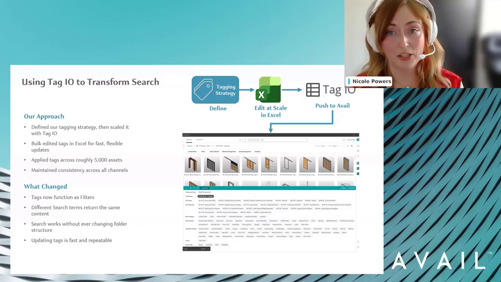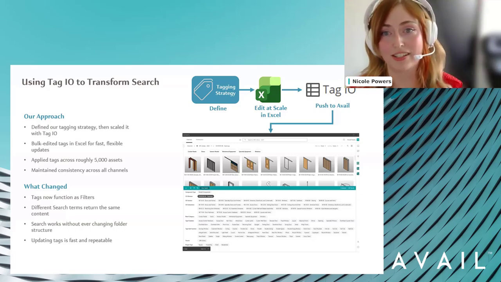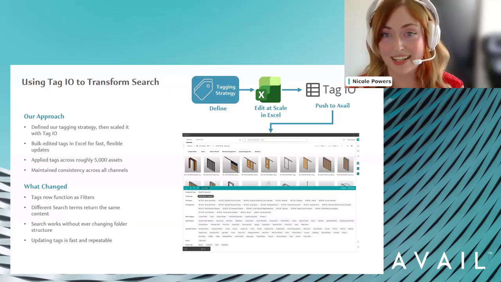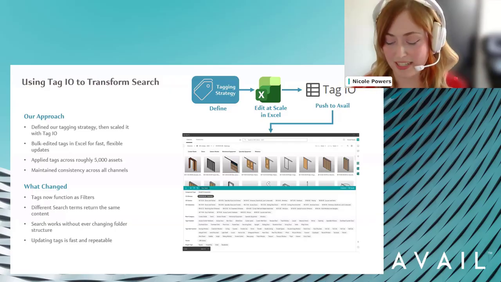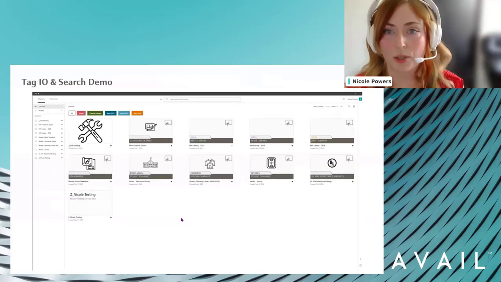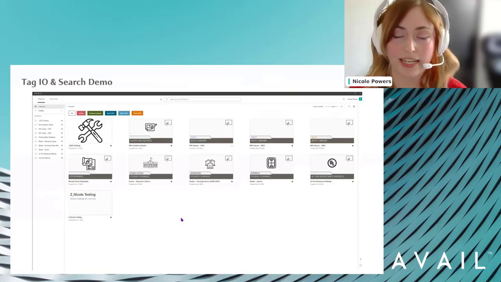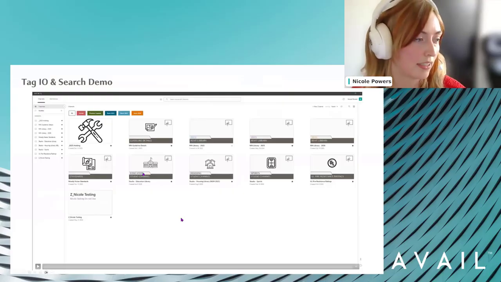So we've built a robust keyword bank, and you can do filters and a text search. I put together a little demo to show you what this looks like for us once it's all been implemented. In this video, we'll be looking for a single flush panel door with a side light and transom.